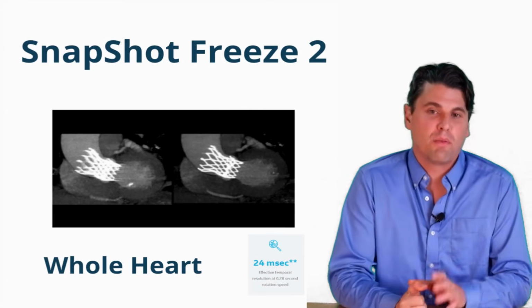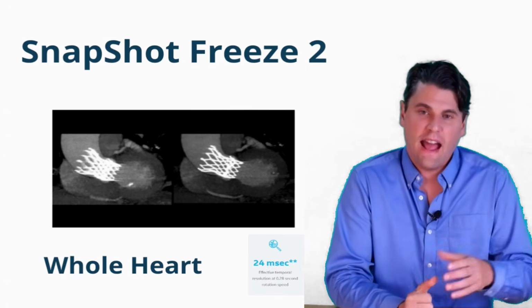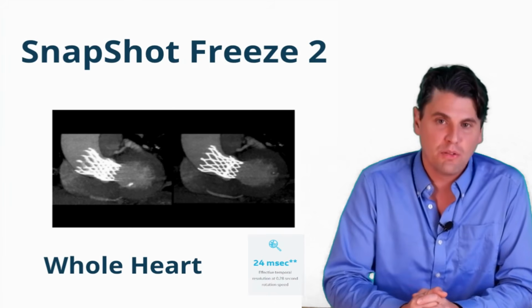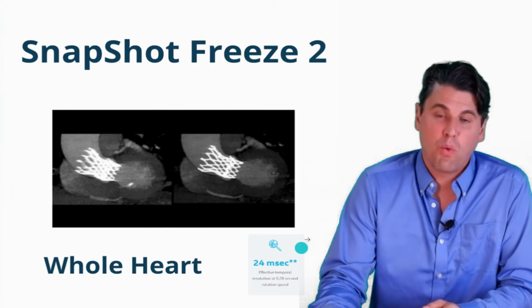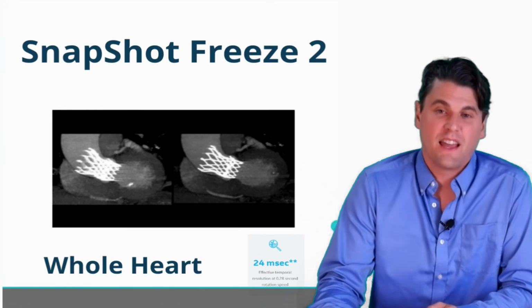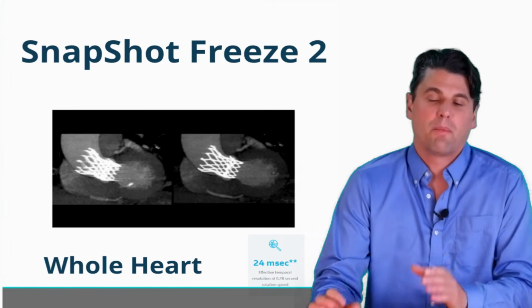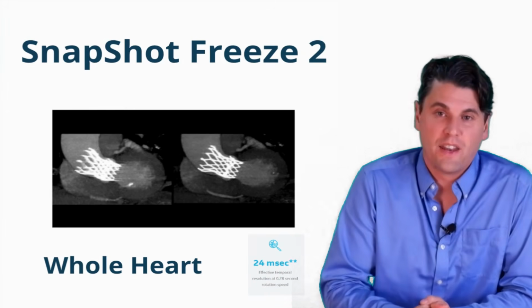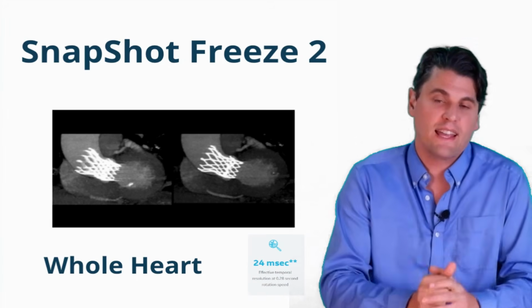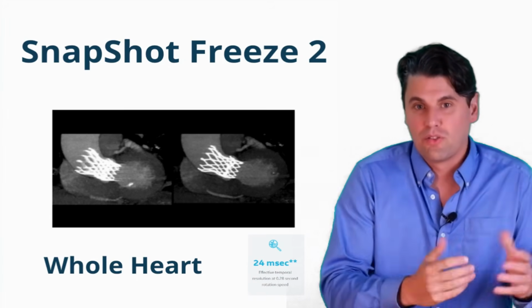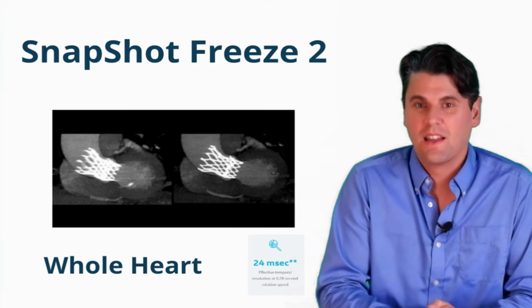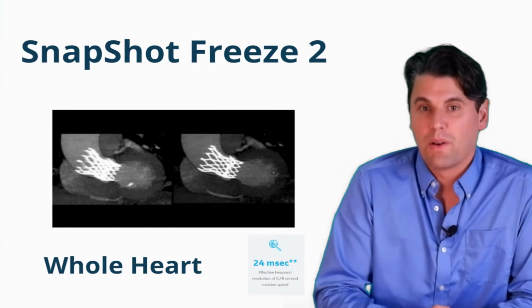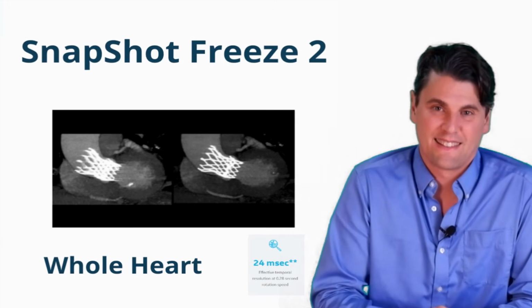Because there's so much improvement with these algorithms, there's actually an effective temporal resolution, which is about 24 milliseconds in the case of these images in comparison with the native images, which if it was taken at 0.28 second gantry, the native reconstruction would be about 140 milliseconds.